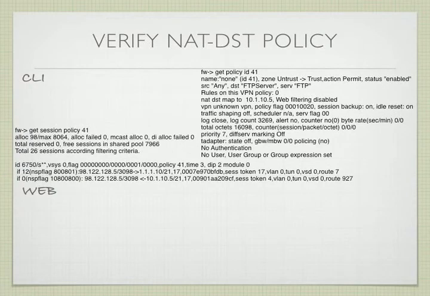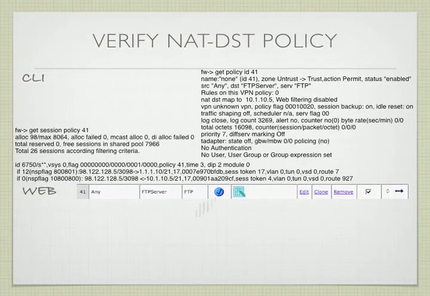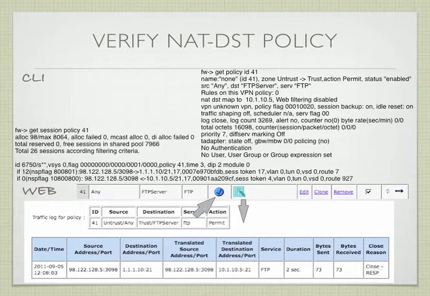And we can look at the sessions, and we can see that the inbound sessions are being translated from the 1.1.1.10 to the 10.1.10.5. On the web, again, this icon indicates that translation is occurring. And if we look at the log, we can see that the inbound translation is taking place.